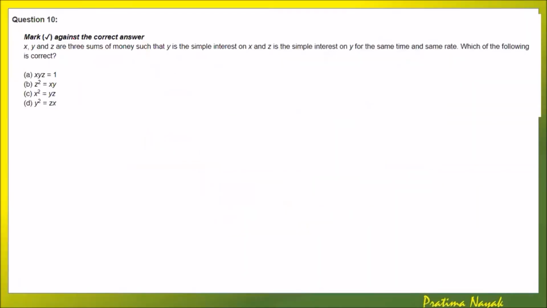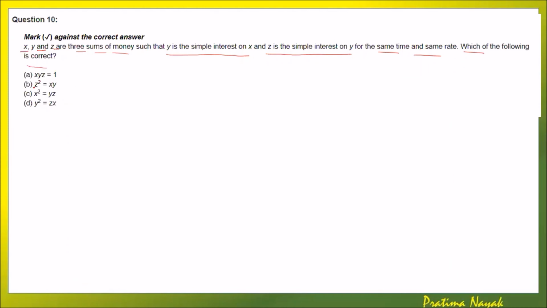Question number 10. X, Y, Z are three sums of money. That means there are three principals, X, Y, Z, so that Y is the simple interest on X and Z is the simple interest on Y for the same time, same rate. Which of the following is correct?